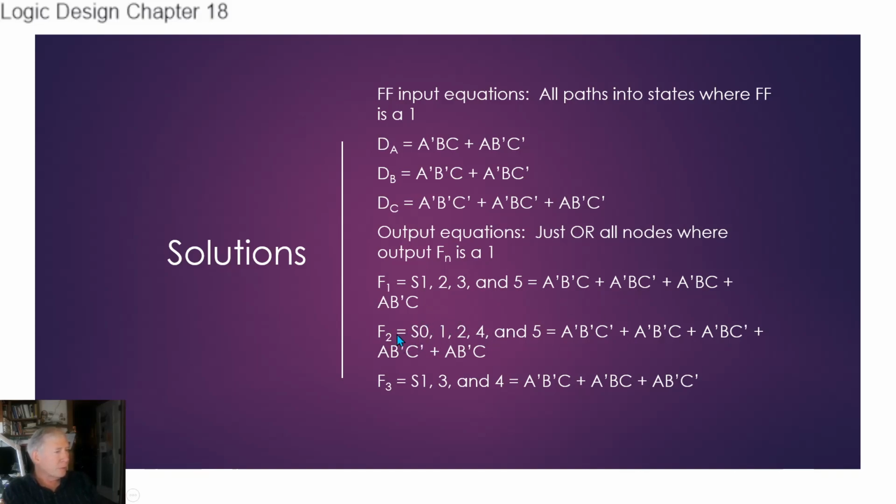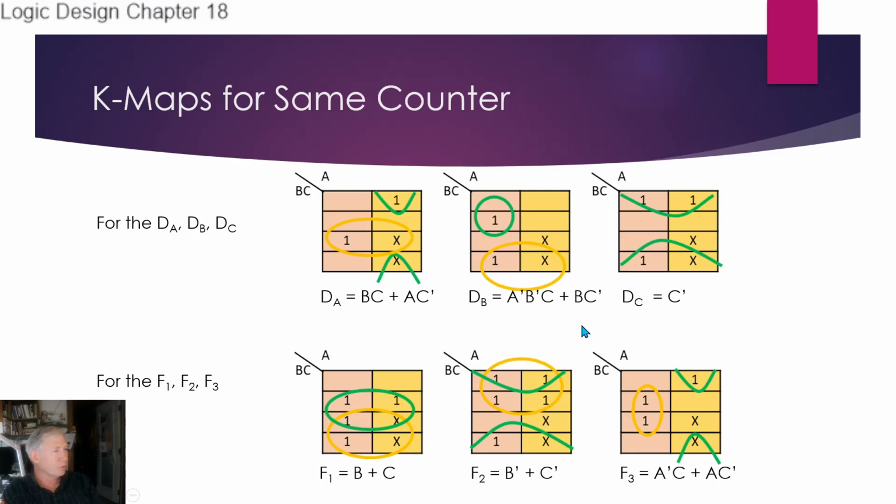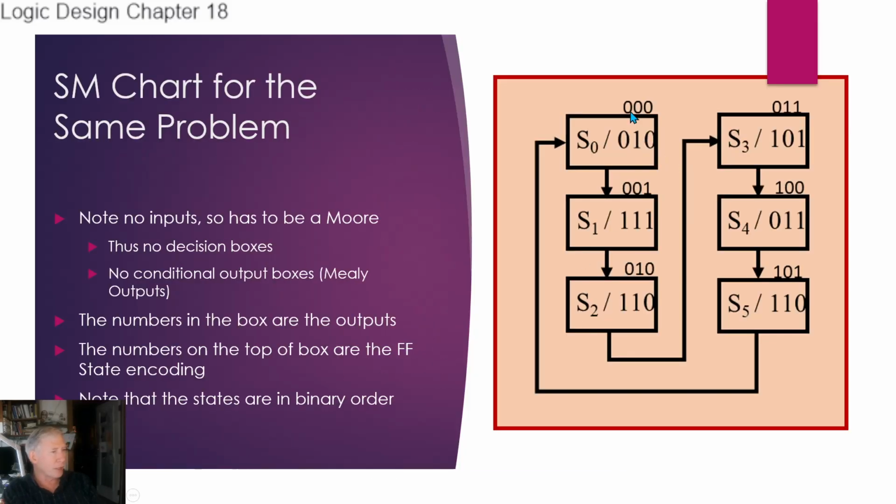And for F2, we need states 0, 1, 2, and 4, and 5, because F2 is 1 in all those states. 1 here, 1 here, 1 here, 0 there, 1 here, and 1 here. So we just need all of these states. And then for F3, it's 0, 1, 0, 1, 1, 0.